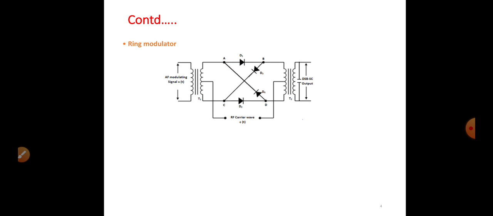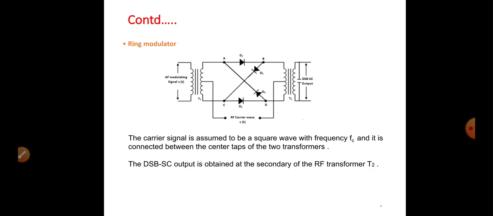We are considering the carrier signal as a square wave signal, and it is connected between the center taps of the two transformers.